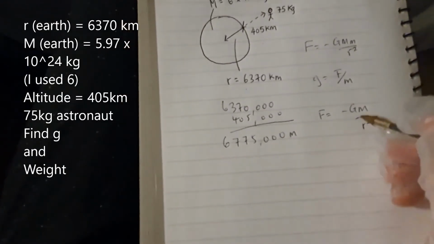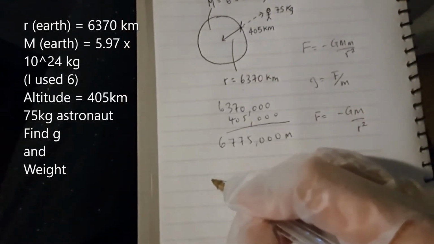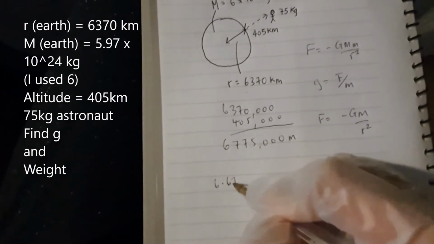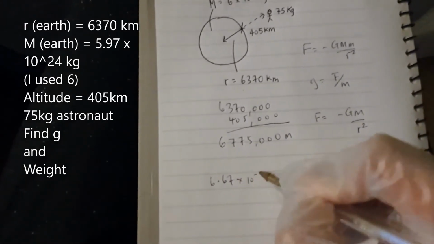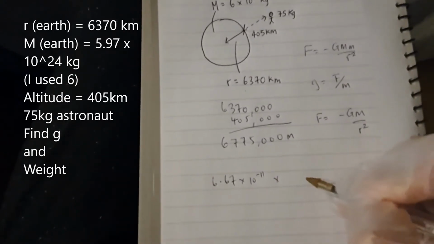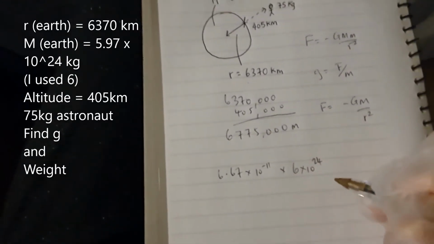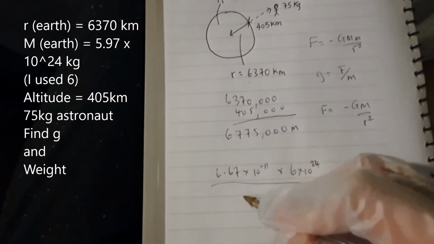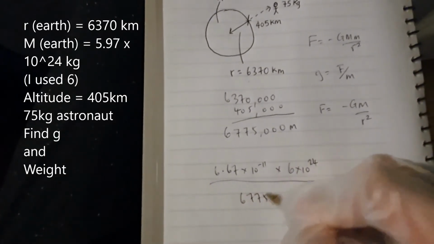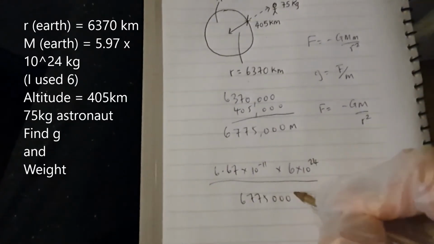So g is 6.67 times 10 to the minus 11, and then I'm using 6 times 10 to the 24, and then divide that by 6,775,000 squared.